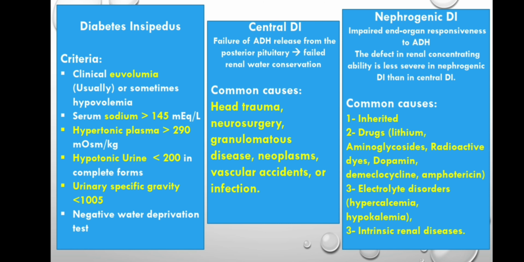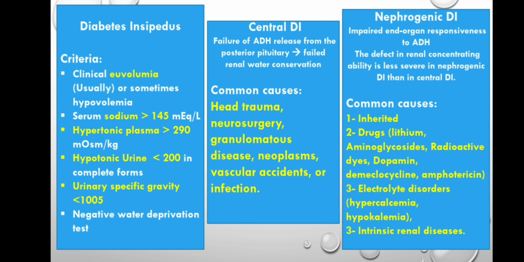All of this can cause central DI. Nephrogenic DI is impaired end organ responsiveness to ADH. The defect in renal concentrating ability is less severe in nephrogenic DI than in central DI.